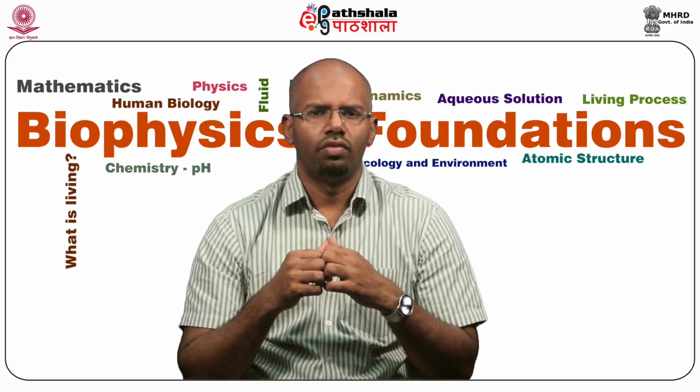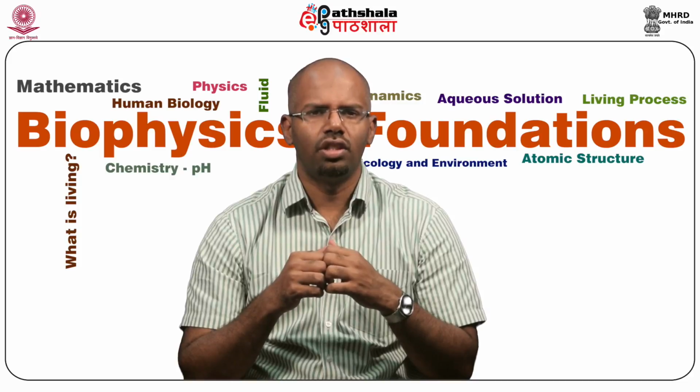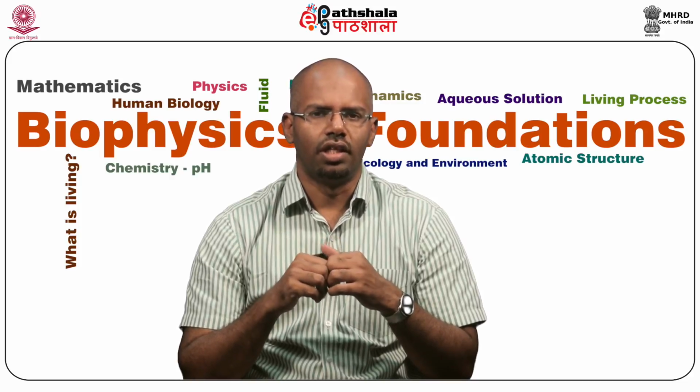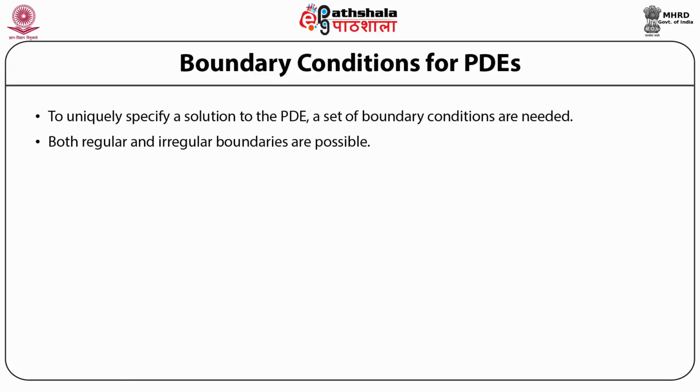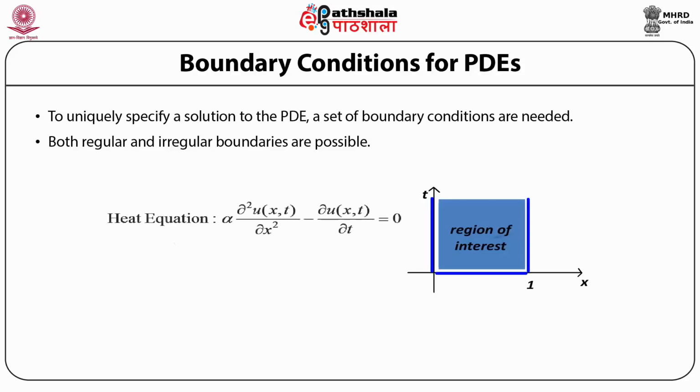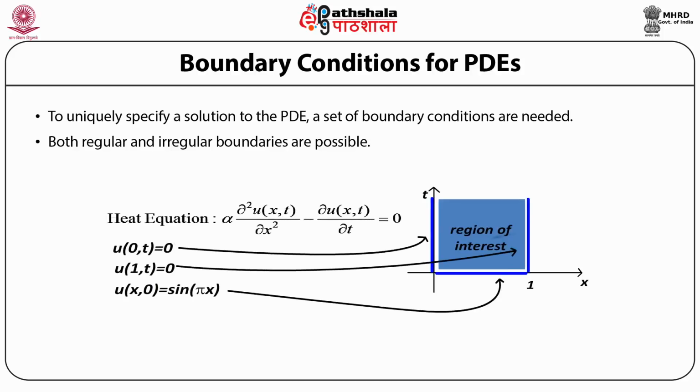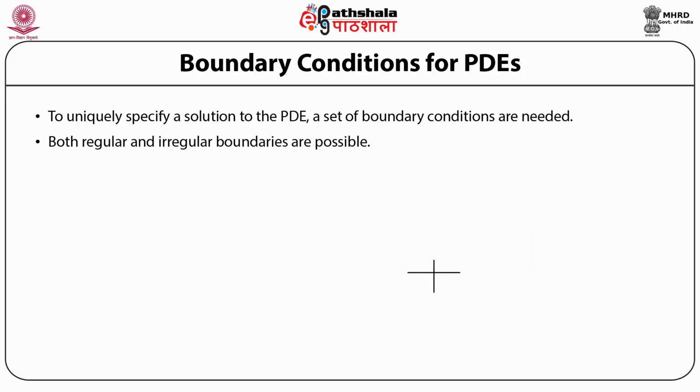One also wants to know whether the solution of the problem depends continuously on the prescribed data. We are going to see the boundary conditions for PDEs, and this is the same as for ODEs. So you can see the figure, and let's say the temperature T is dependent on time t and x. So you can write u(0, t) = 0.